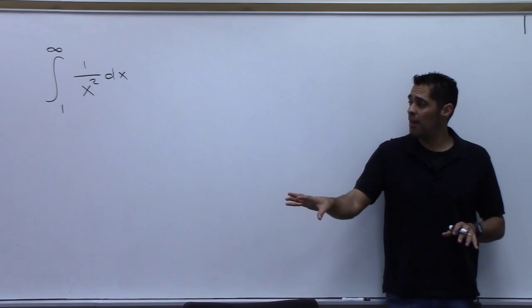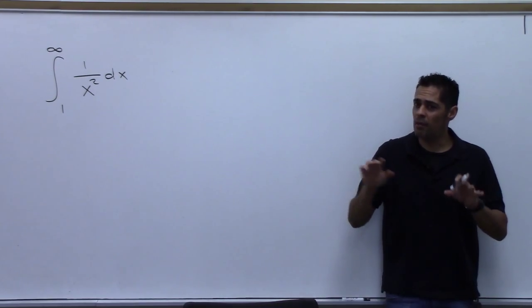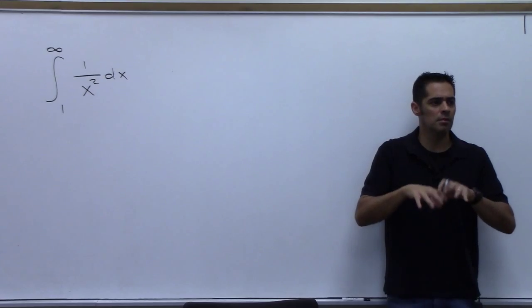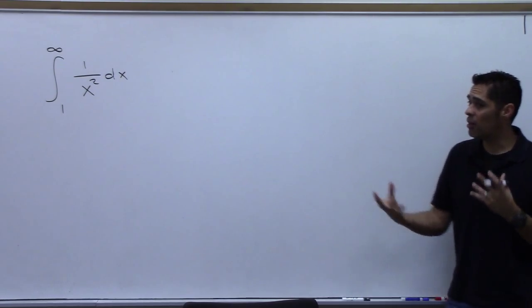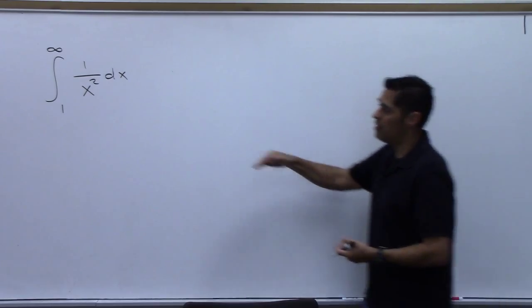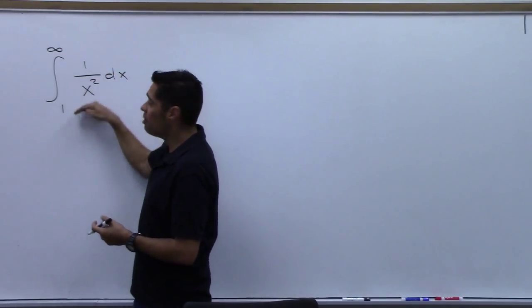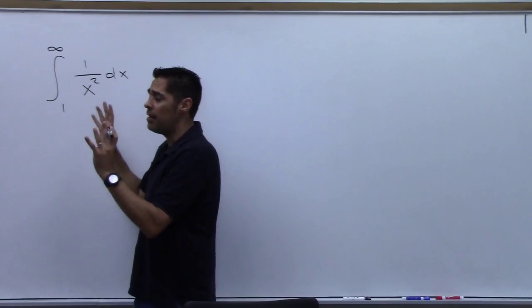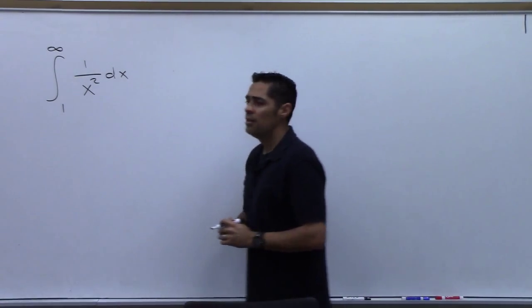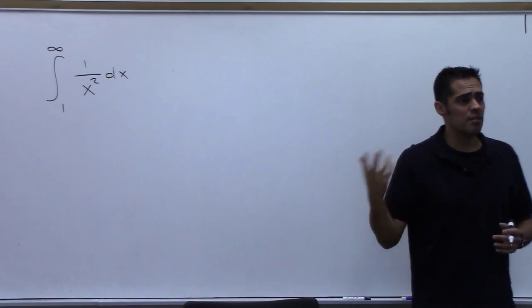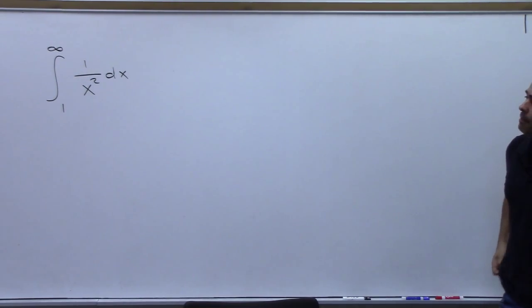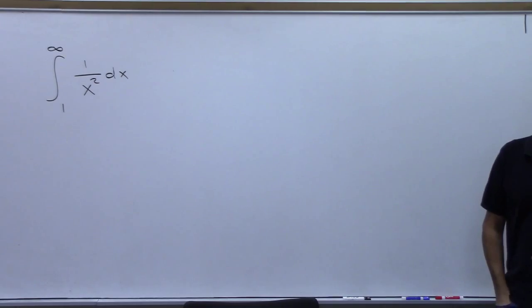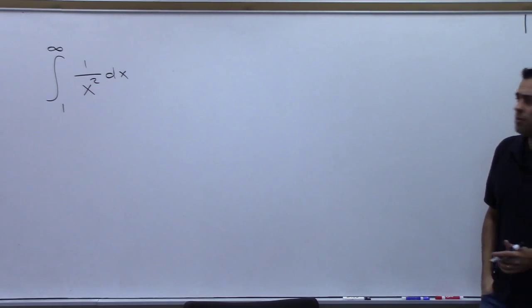Because of what we have to do later, I'm going to tell you to do something right now that will help you in the big picture of things. Whenever you see an integral from here on out, when you have limits of integration, whether they be numbers or there's infinity in there, it doesn't matter, always pay attention to your domain. What is the domain of the integrand? What is the one thing you cannot have? Zero, right? So let's just keep that in mind.